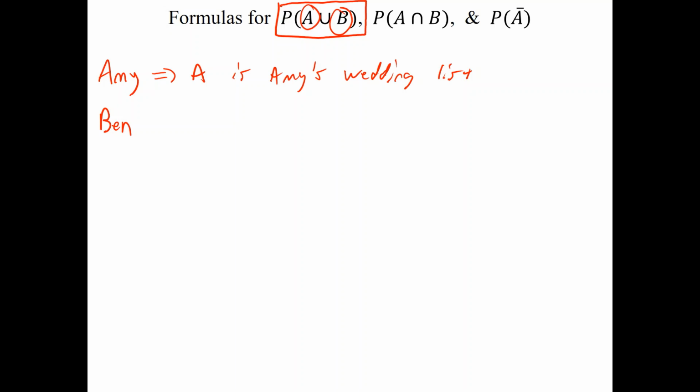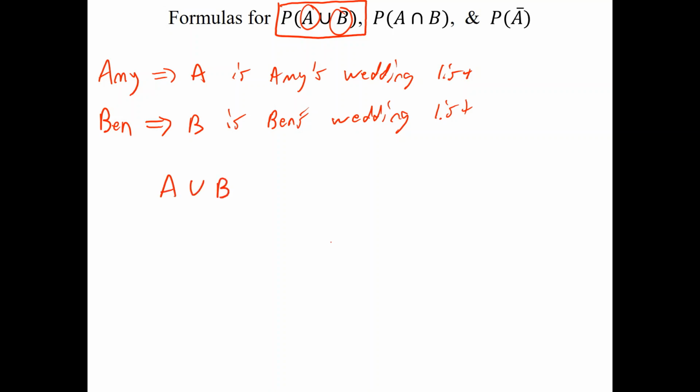In other words, Amy makes a list of all the people she wants to invite to her wedding, and that list is called A. And then Ben goes and separately makes a list of people he wants to invite to the wedding. So B is Ben's wedding list. So then what's A union B?